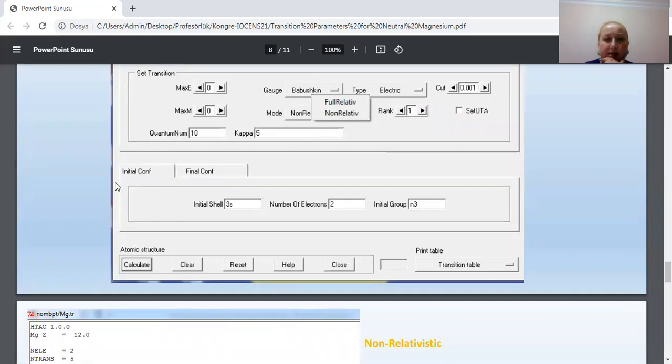So you can see the initial configuration. First we write the electronic configuration of the atom, and then the initial configuration and the final configuration. We can think of the transition between the lower state and the upper state.